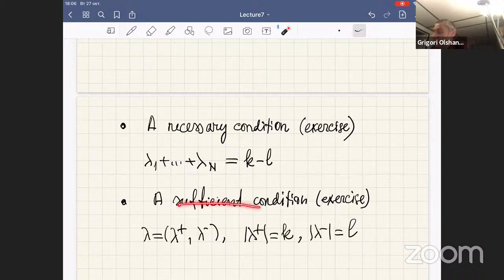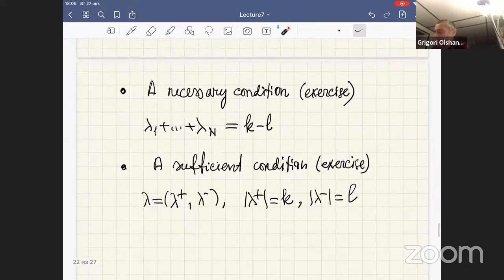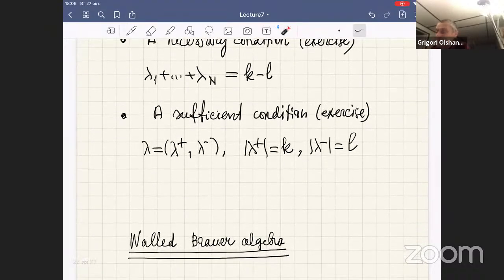And there is some sufficient condition: if we represent our signatures by a pair of two Young diagrams, one responsible for positive coordinates and one responsible for the negative coordinates, and if the number of boxes is equal to k and this number of boxes is equal to L, then the corresponding representation enters the decomposition of the representation in the tensor space.